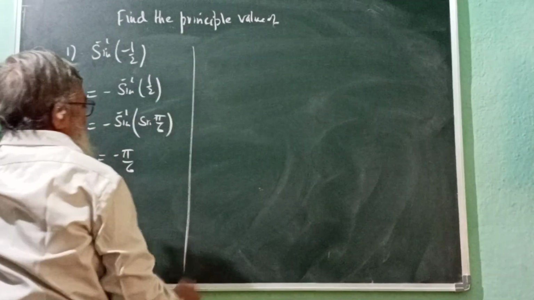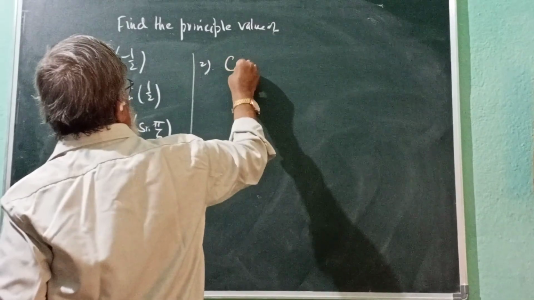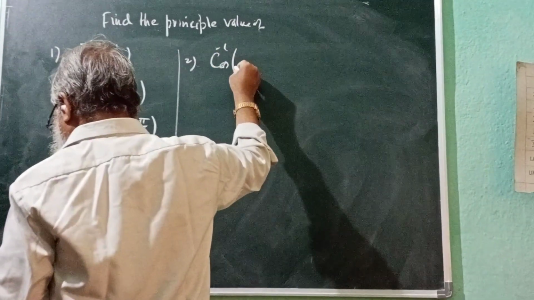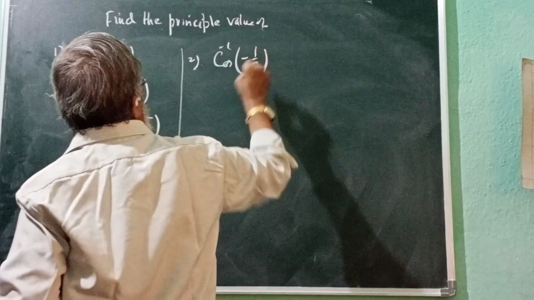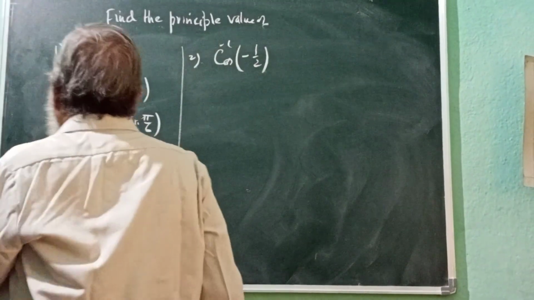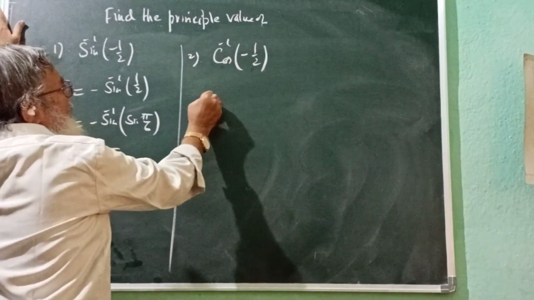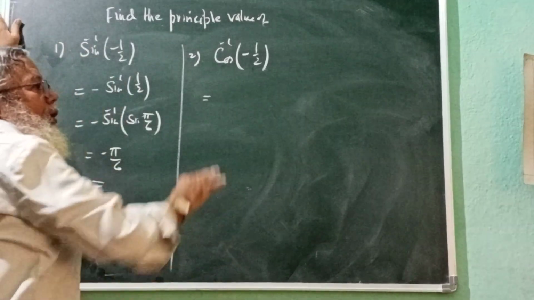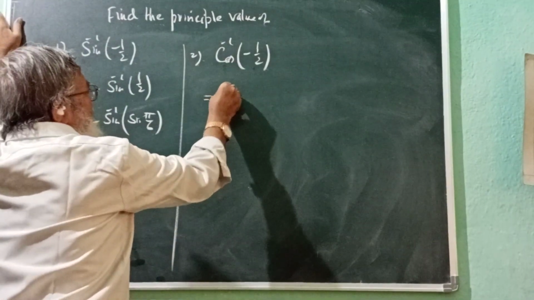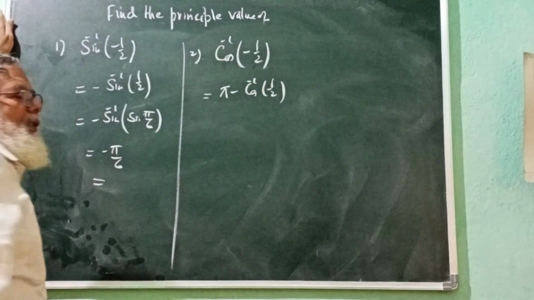Now the second value. We write cos inverse of minus 1 by 2. First we use the formula cos inverse minus x. Use the third set of formulas, you know, cos inverse minus x is pi minus cos inverse x. Look here.